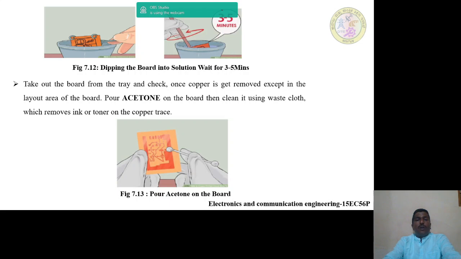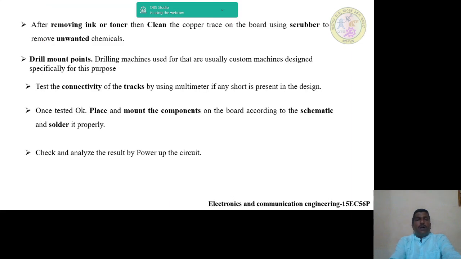pour acetone on the board. Clean it by using waste cloth, which removes ink or toner on the copper trace. After removing the ink or toner, then clean the copper trace on the board using scrubber to remove unwanted chemicals.